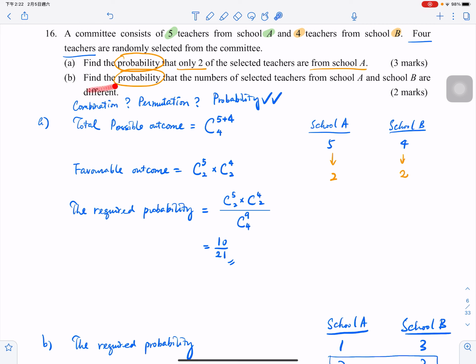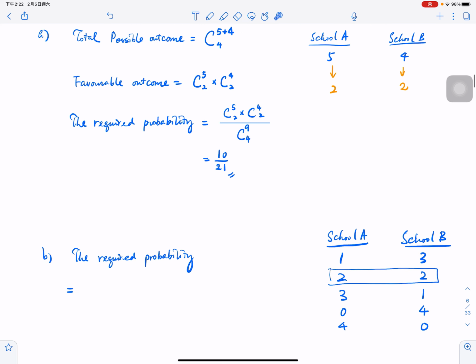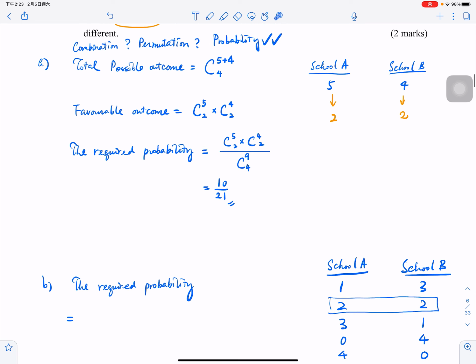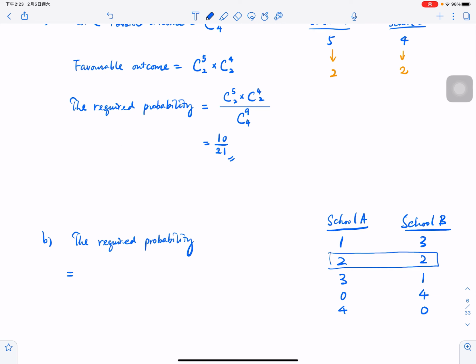So if you want the probability that the numbers of selected teachers from school A and school B are different, you can use part A to find it easily, because different and the same are complementary events.